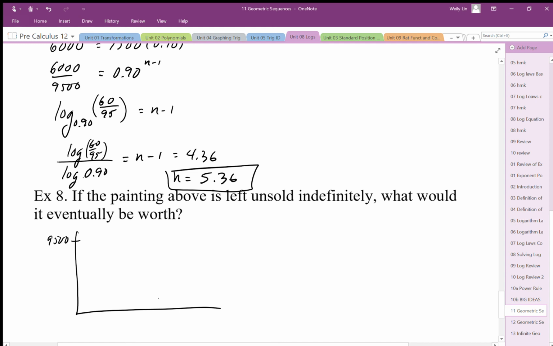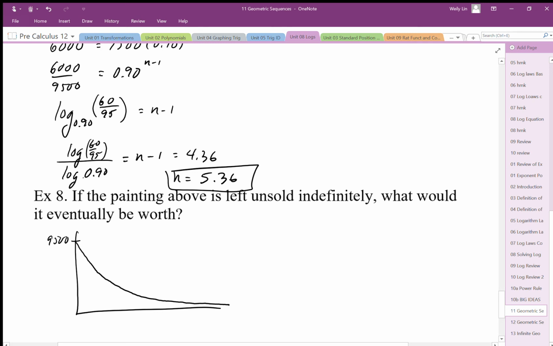And it's going to decay like this. Although it never will hit 0, because 10% of something is always something and not 0, it's eventually going to be worth less than a penny anyways, and then a fraction of a penny.